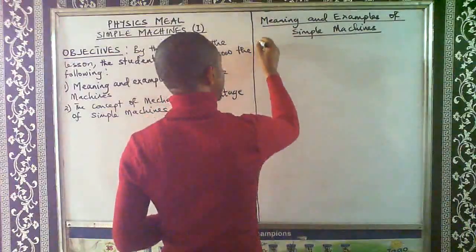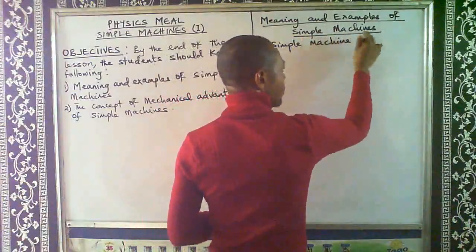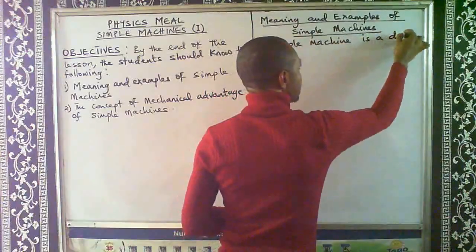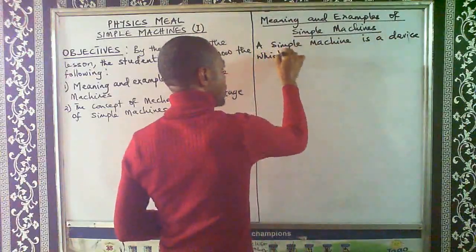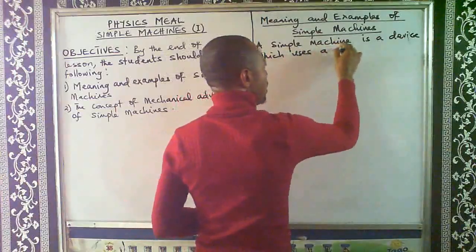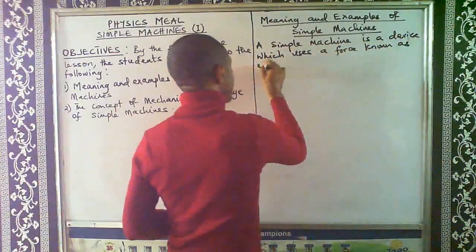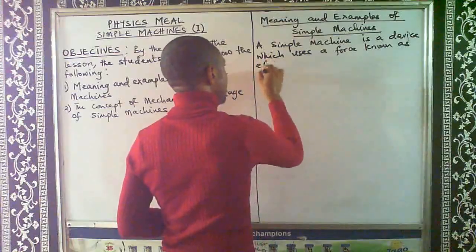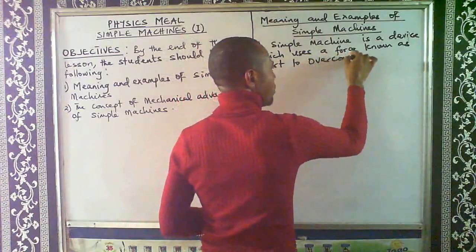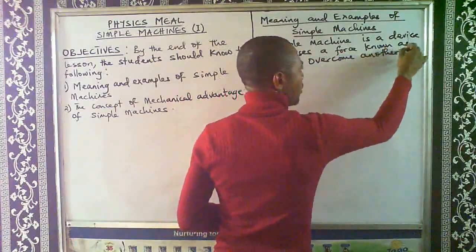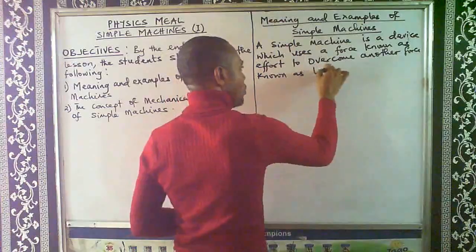So we say a simple machine is a device which uses a force known as effort to overcome another force known as load.